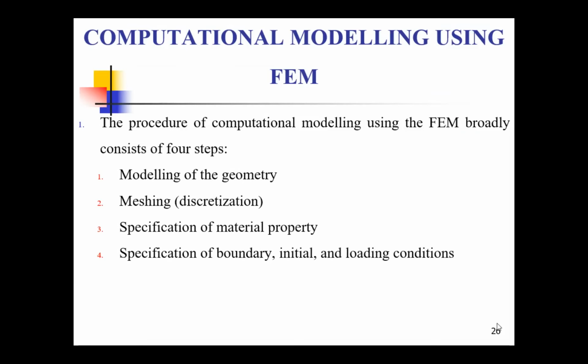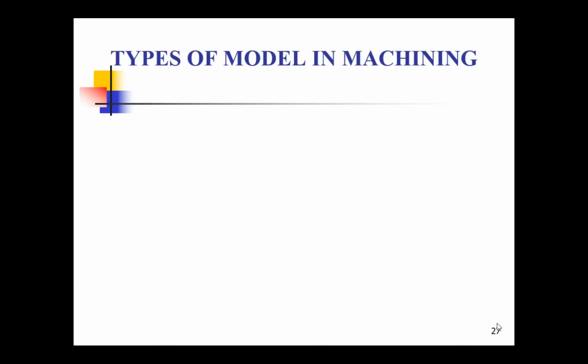Then I have to provide the boundary conditions and the initial conditions. The initial conditions are nothing but the cutting speed, whether it is 100 meter per minute or 200 meter per minute or 300 meter per minute, and then the loading conditions. That we have to provide.